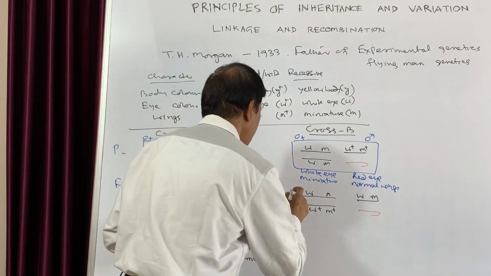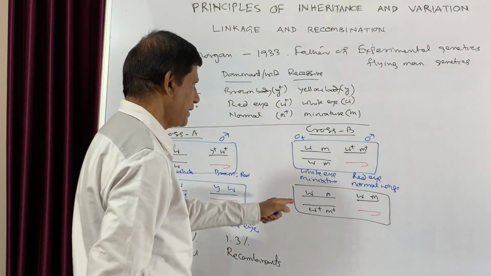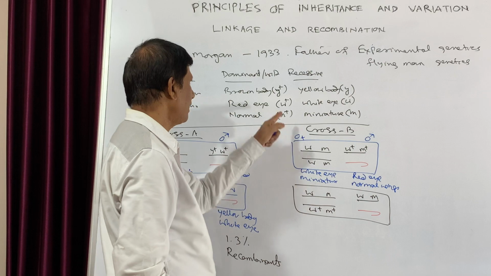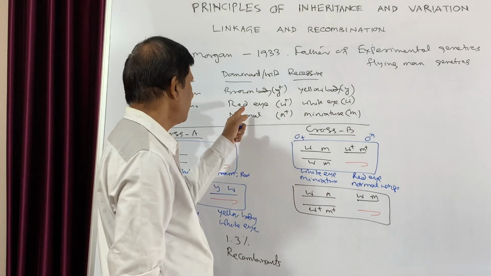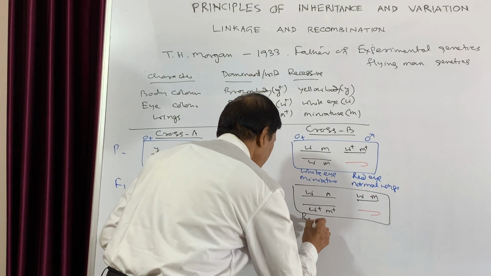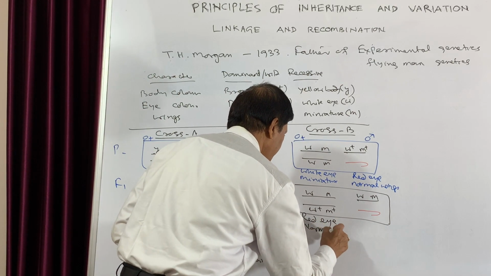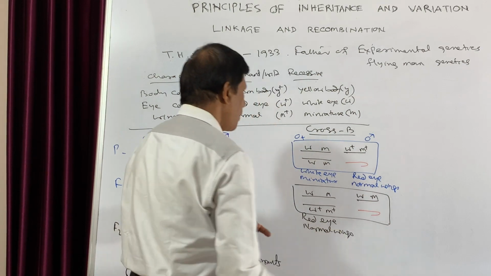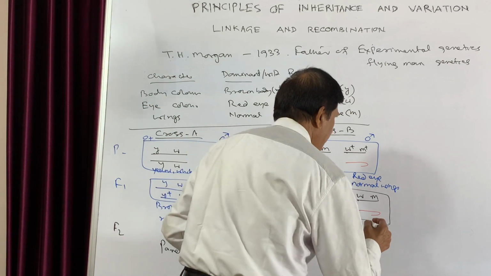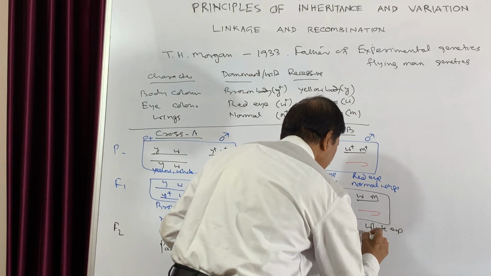So in this case, this is the F1 generation. In this F1 generation, this is W plus M plus, these are dominant characters, so it will have red eye and normal wings. While here W and M are there, so it will be white eye and miniature wings.